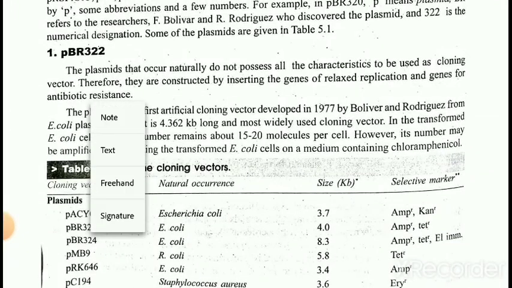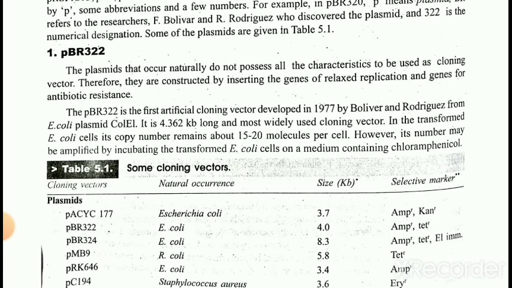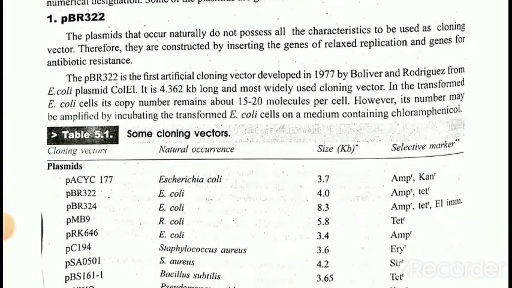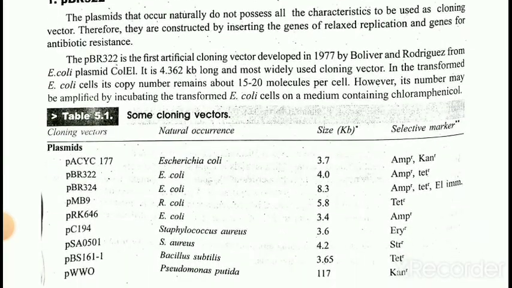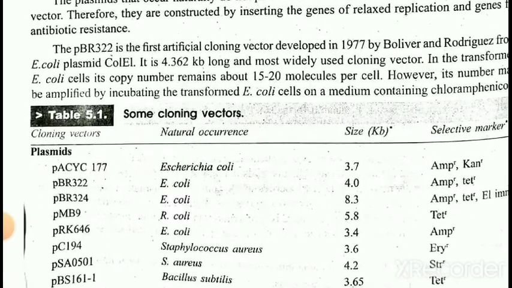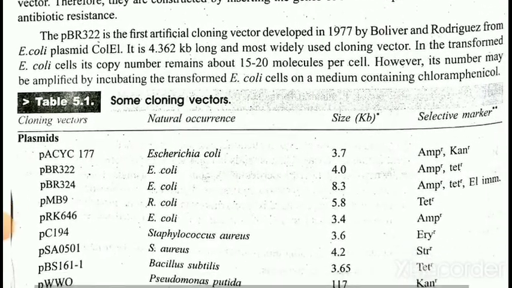It is 4.362 kilobases long and is the most widely used cloning vector. In the transformed E. coli cells, its copy number remains about 15 to 20 molecules per cell. However, its number may be amplified by incubating the transformed E. coli cells on a medium containing chloramphenicol.